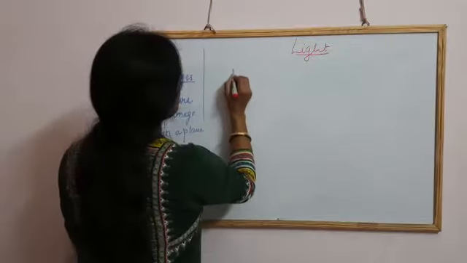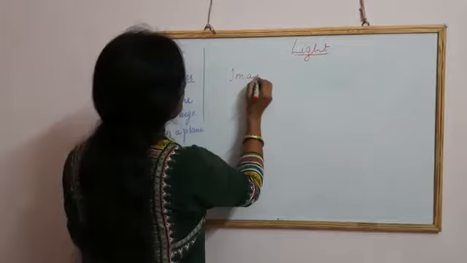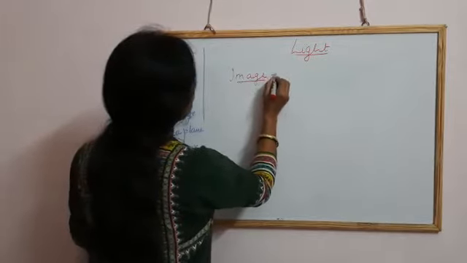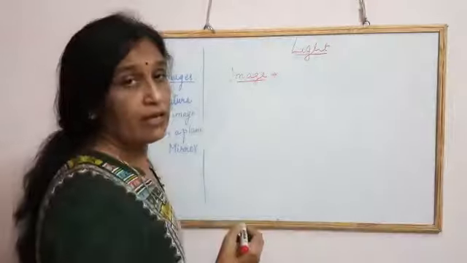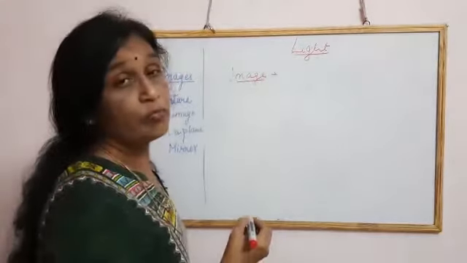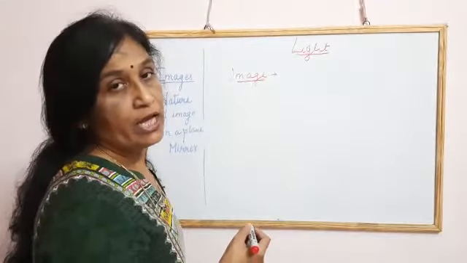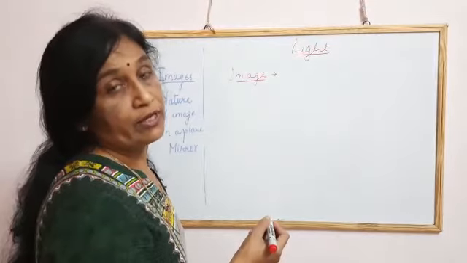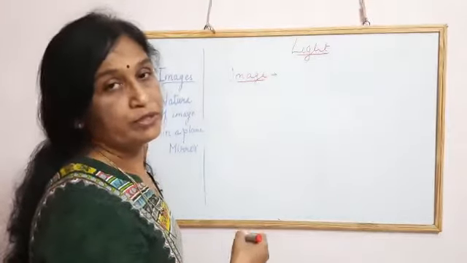And in that I have to define what an image is. Physically, I'll define it as an optical counterpart of an object, or appearance of an object as formed by reflection through a mirror, okay?